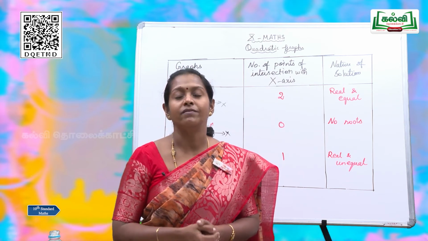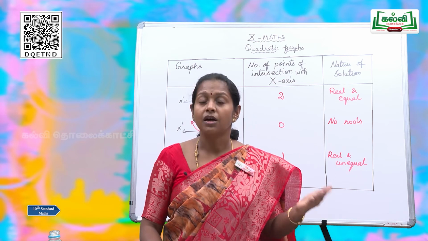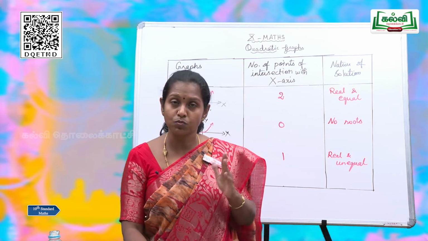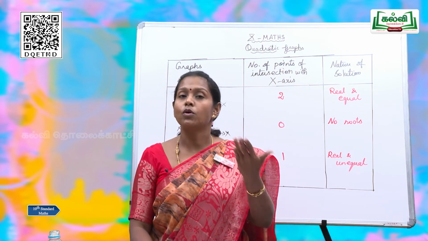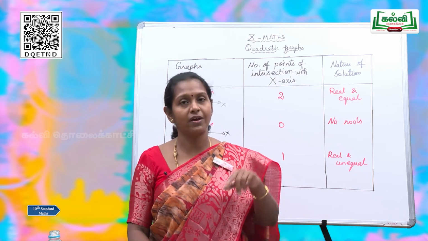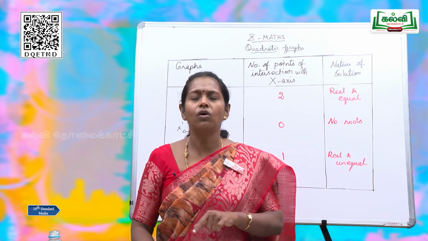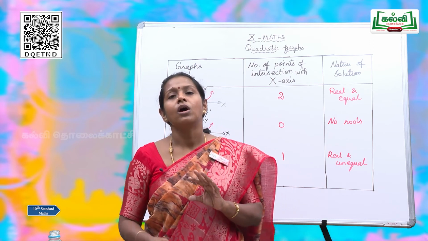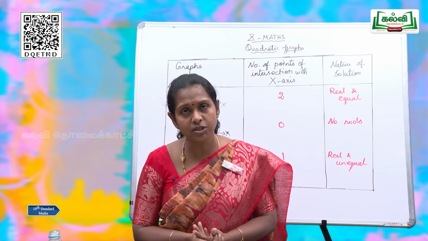Before we plot the graph, what do we have to do? We have to check on the x-axis whether the negative side or positive side is more, and on the y-axis positive or negative, which is more. According to that, we have to plot the graph. That is all you learned, right? So how do we find the nature of roots?